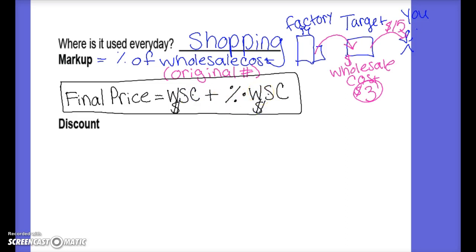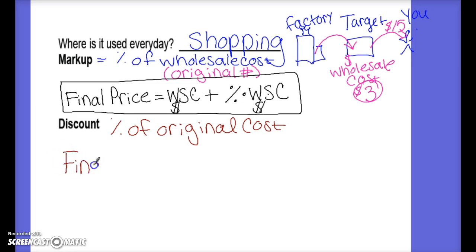A discount, though, is a percent of the original cost. So a discount would be like using a coupon. Here are your final costs. It comes from your original cost.